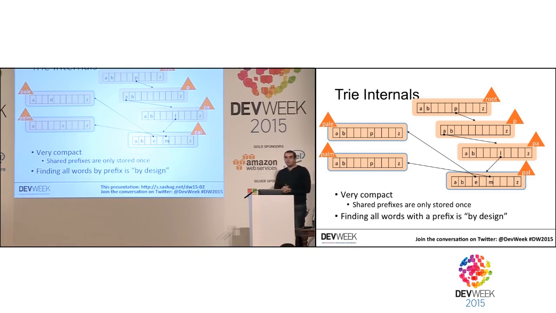In addition to those advantages, this thing, which might not look very compact, is actually pretty compact on space, because shared prefixes are only stored once. So for the words pale and palm, you only have the PAL part once in the tree. There is just one node representing that shared prefix.